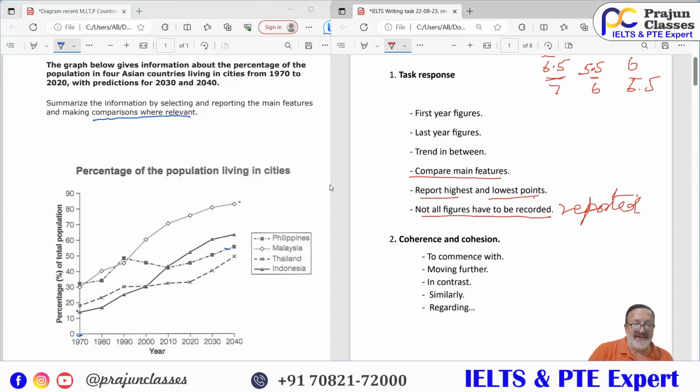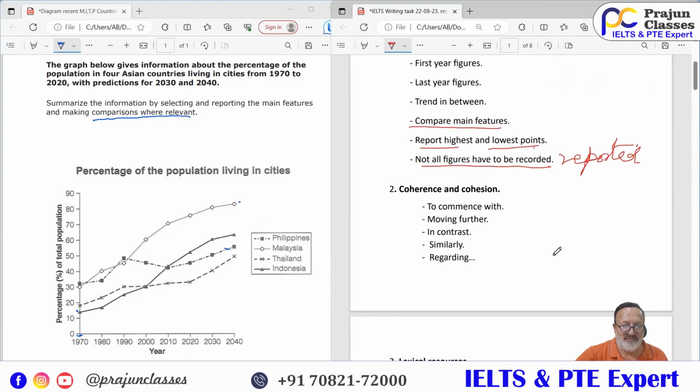Okay, now second criteria is coherence and cohesion. So in this, normally we should try to use minimum of linkers. So basically for the first paragraph, I usually start off with to commence with, and for the second I say moving further.